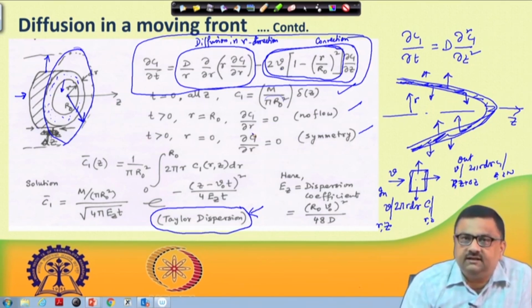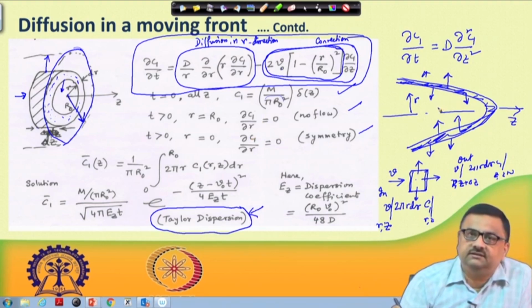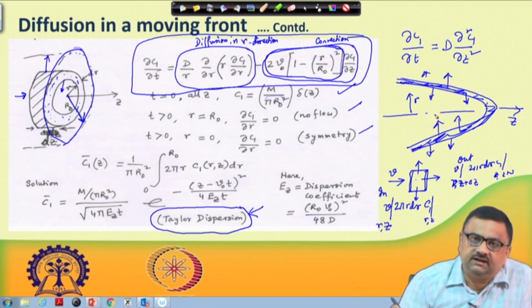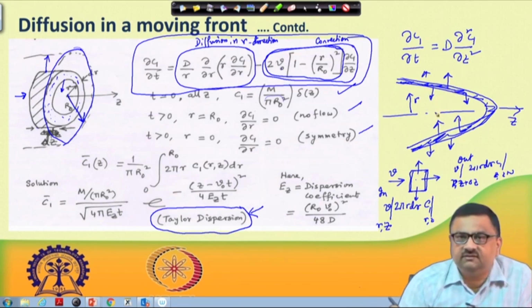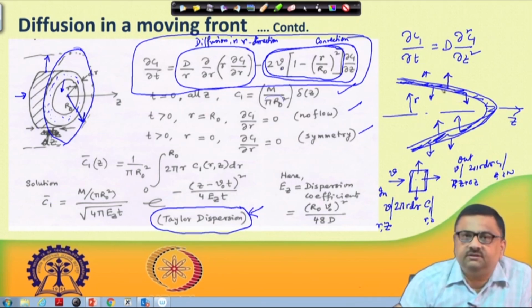Taylor said that if there is a flow through a capillary, one has to consider this stretching, and these dynamics will be completely different. And in porous medium, basically these are capillaries of size 1 micrometer. So, naturally this type of dispersion will be extremely important.